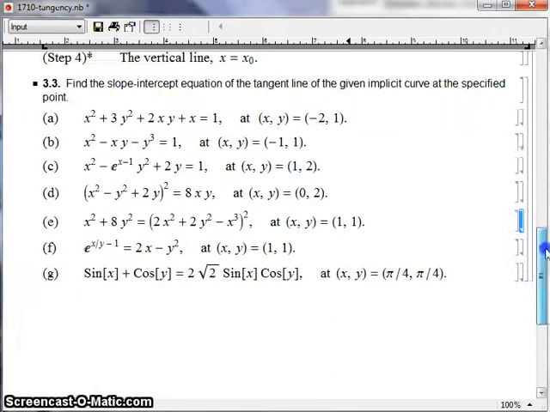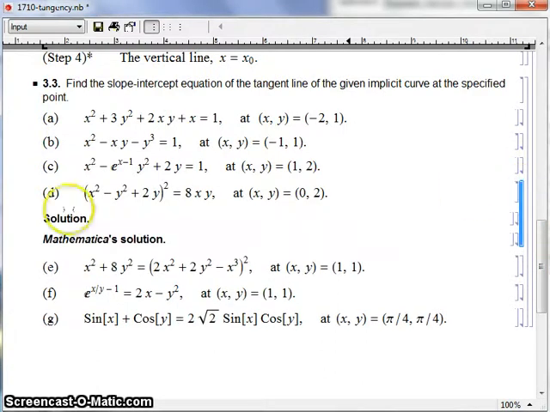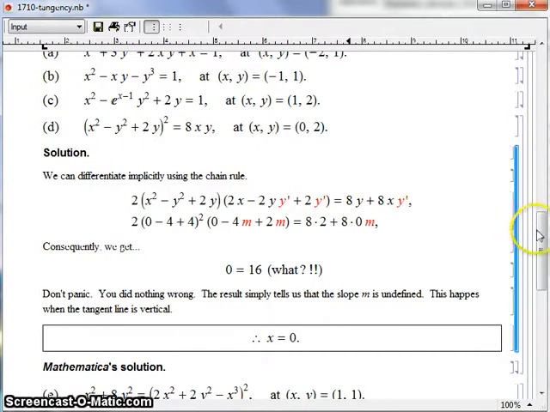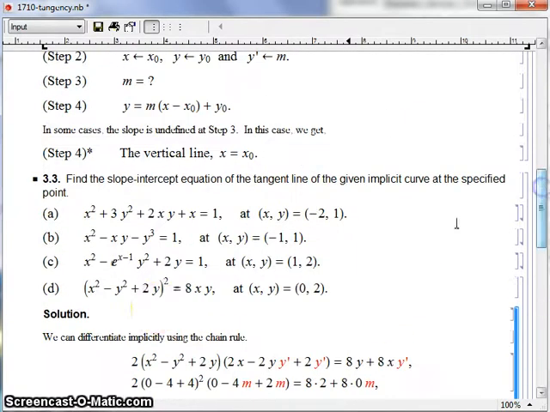Let's do it once more. Let's go over to this example. This time we're going to have to use chain rule over here, product rule over there. Ready? Go. 2 comes out and nothing changes inside.